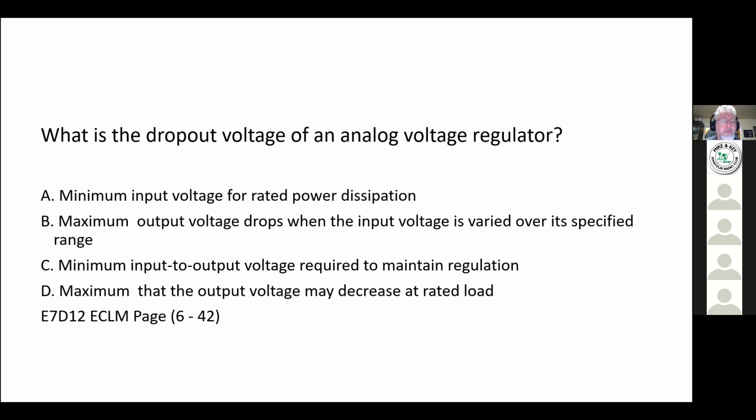C, minimum input to output voltage required to maintain regulation. Or D, maximum that the output voltage may decrease at rated load. Charlie. Dropout voltage is Charlie. Minimum input to output voltage required to maintain regulation.